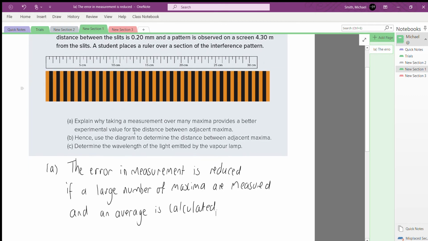Alrighty, so for B, we need to determine the distance between adjacent maxima using the same idea that we just discussed. So here it's a little bit tricky to read.